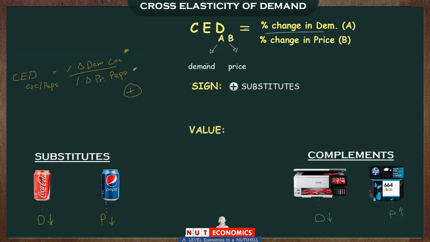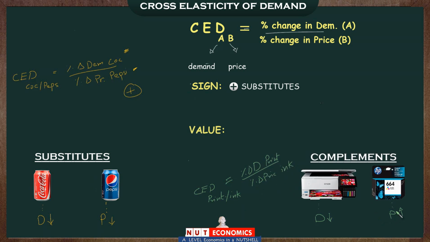And on the other hand, if you try to measure using this formula the CED for complementary goods, let's do that here. CED between printers and ink. Again, if you apply this formula, this time you will have to divide the percentage change in the demand of printers by the percentage change in the price of ink.